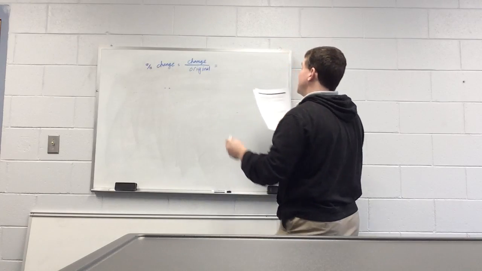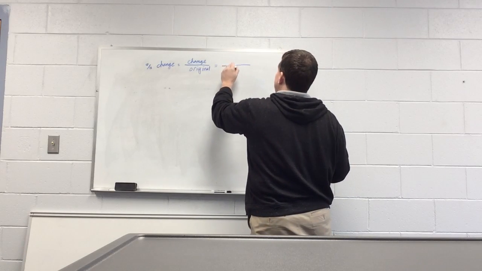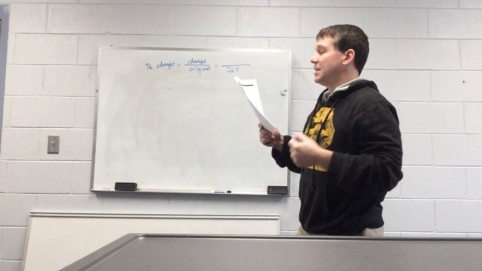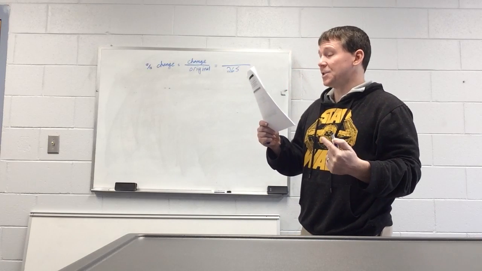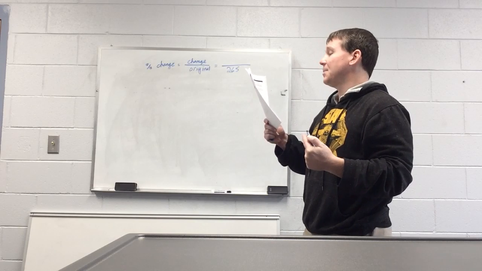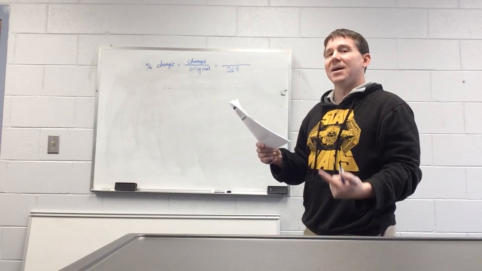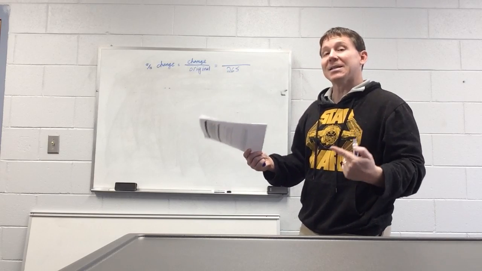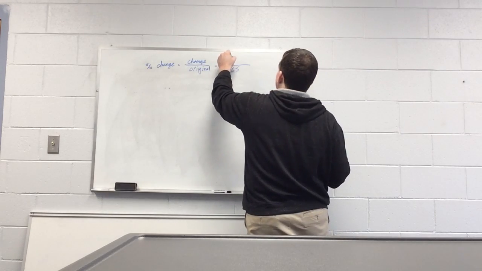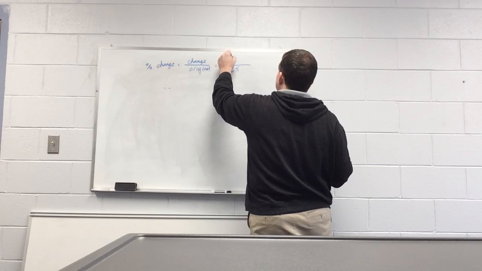Original is the number of cards he started with, which is 265. Change is the change. He sold 183 of them. So that's how many he changed. So the change is 183.